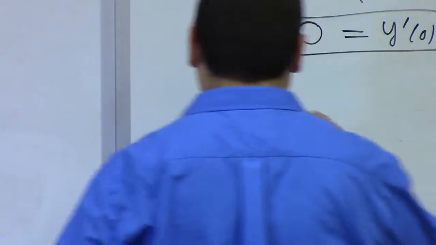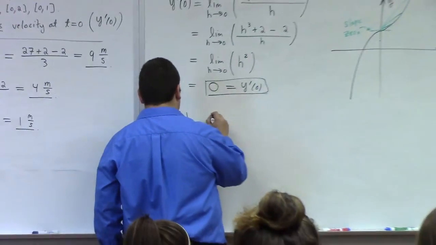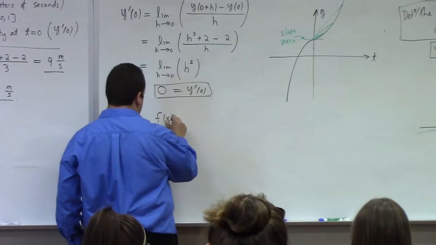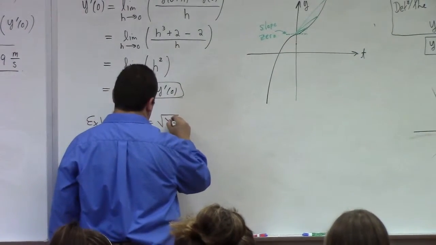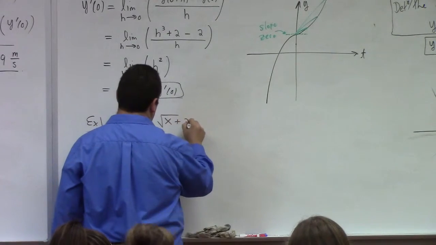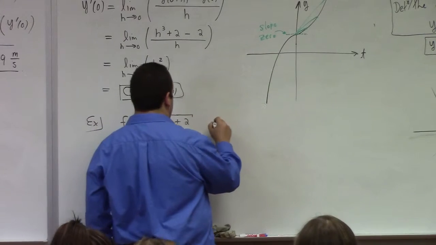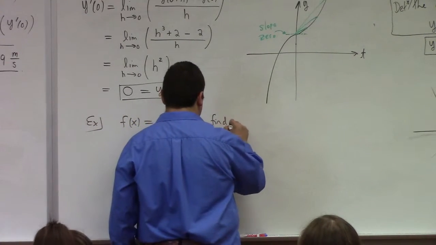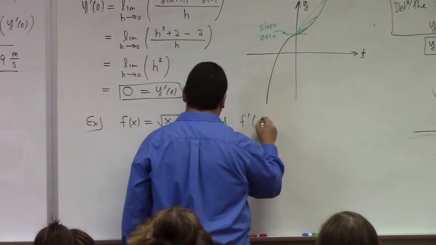Let me give you a problem to try to work out. So here's a problem I'd like you to try to work before the next class. Suppose we have f of x equals the square root of x plus 2. All right. Try to find f prime of, let's say, 3.